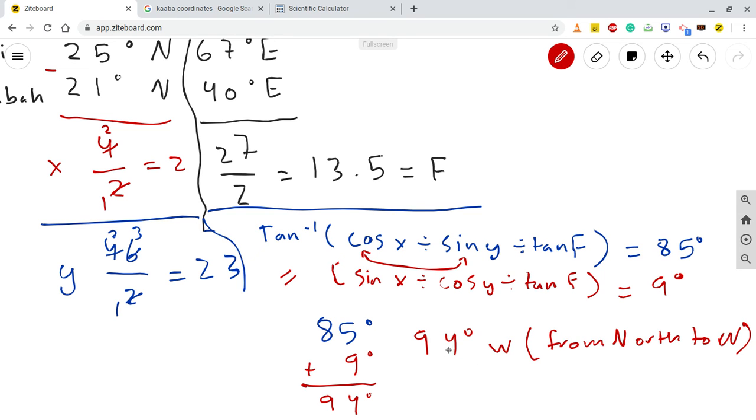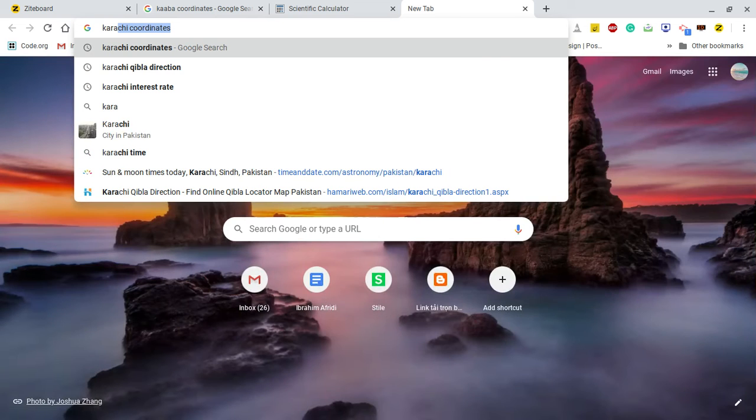Now let's check whether we did it incorrectly. So our answer is 94 degrees west. Okay, let's see. So we're just coming in Karachi, qibla direction.